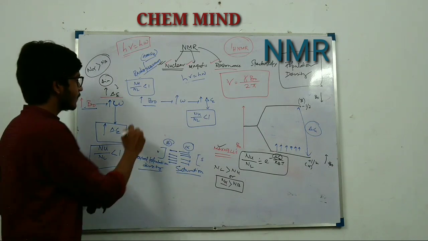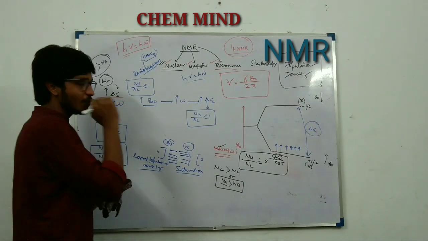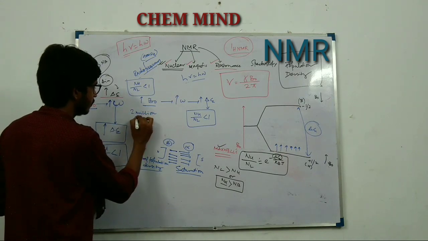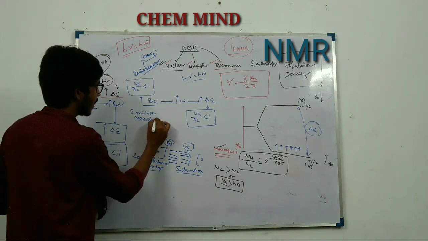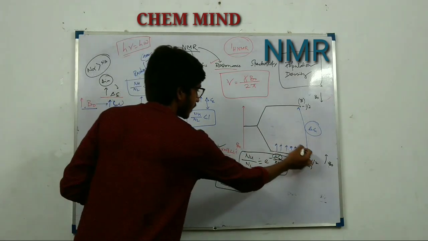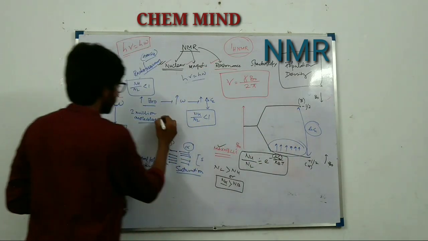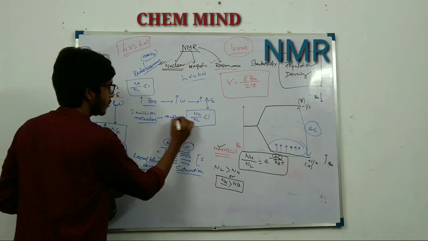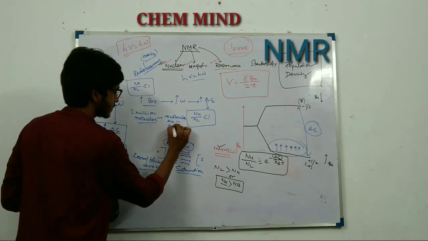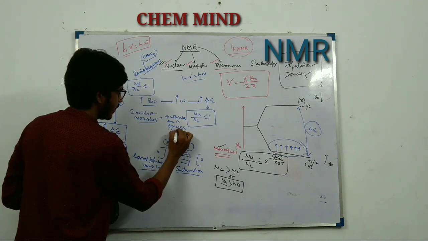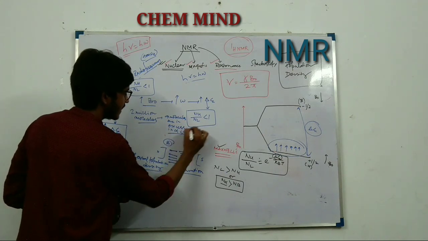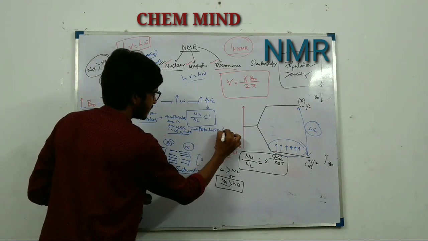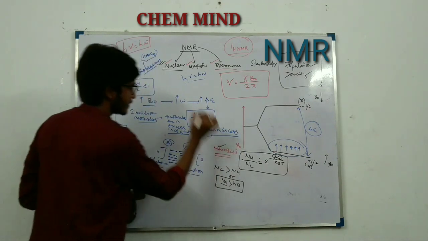Basically, for 2 million molecules, in the ground state or alpha state, 9 molecules are in excess, and this excess is known as the population excess.